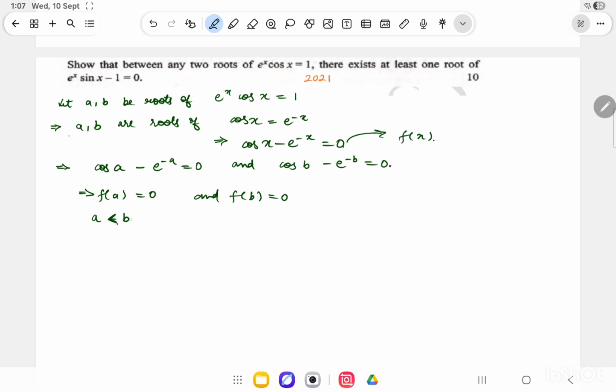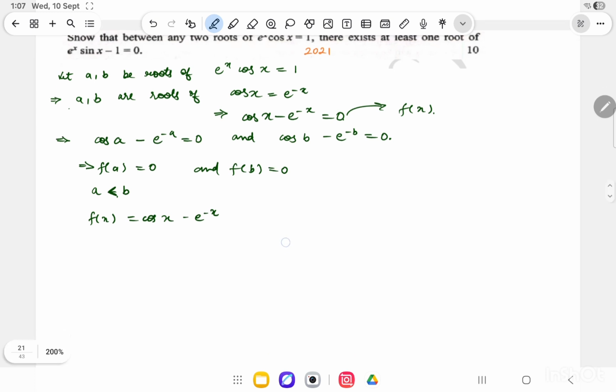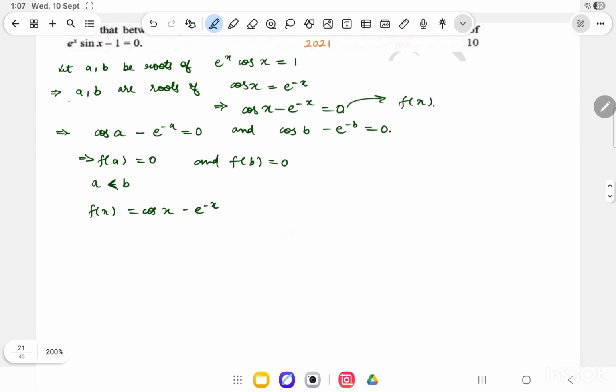Then you see that this function f(x), that is cos x minus e raised to minus x. Cos x, being a trigonometric function, is a continuous function. Also e raised to minus x is an exponential function, which is also continuous, and we know that the sum of two continuous functions is a continuous function. So from here I can say that f(x) is continuous on the closed interval [a, b].